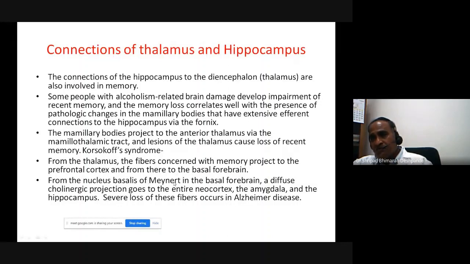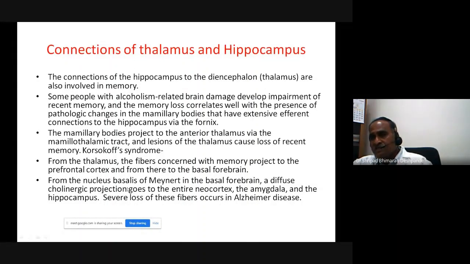In the basal forebrain we have the basal nucleus of Meynert, and this is necessary for processing short-term memory. In Alzheimer's disease, there is a loss of neurons of the nucleus of Meynert, or the circle of Meynert.